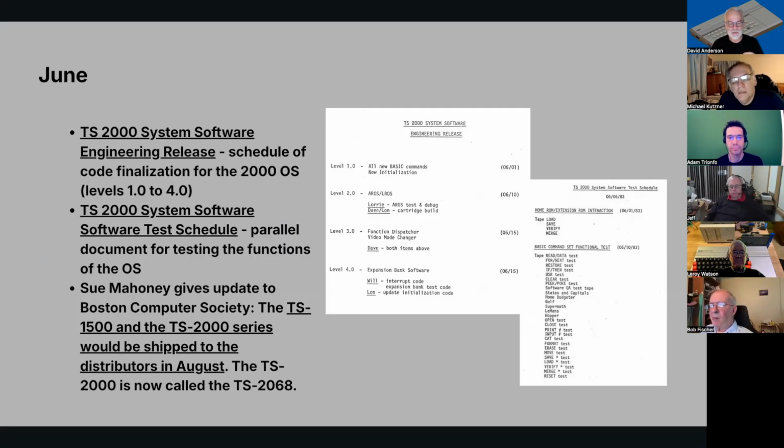They had to work through these in order to send it off to the ROM vendor. And Sue Mahoney goes back to the BCS and says that these things are going to be shipped to distributors in August, which was reasonably close to accurate because in order to get them into stores by early November, you have to sort of work backwards, right? And August was about as late as they could do it.